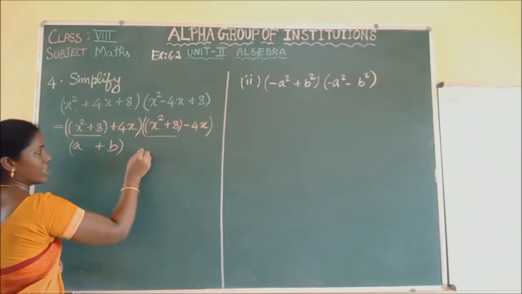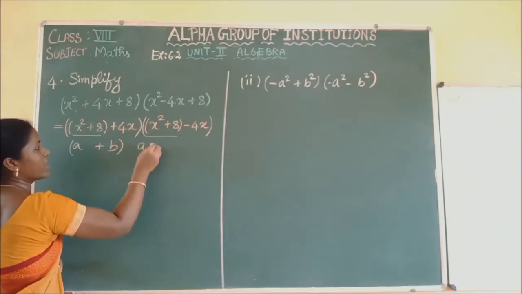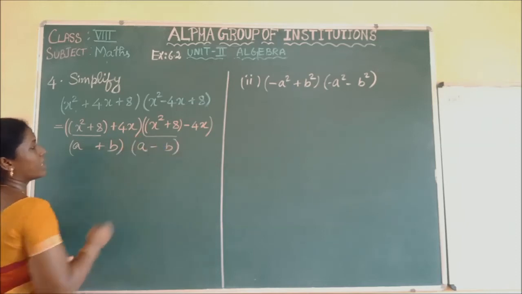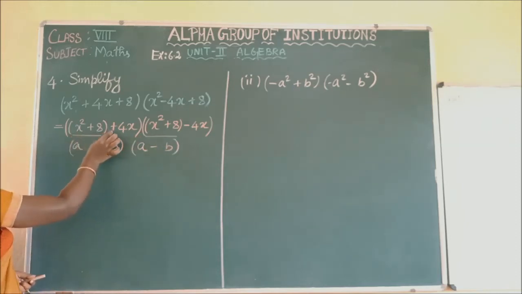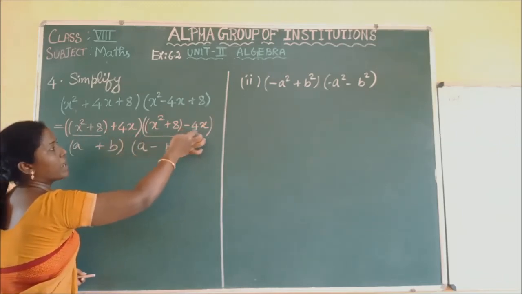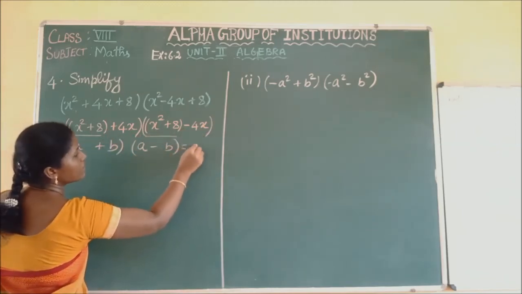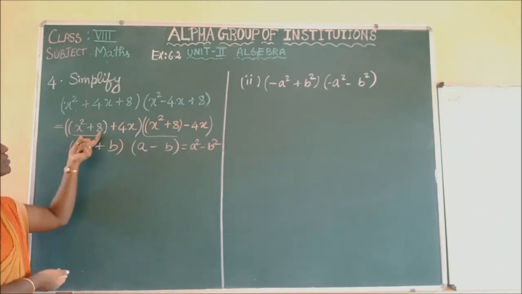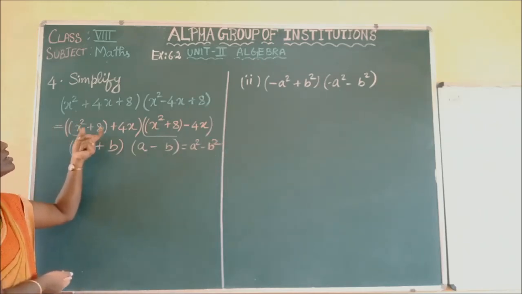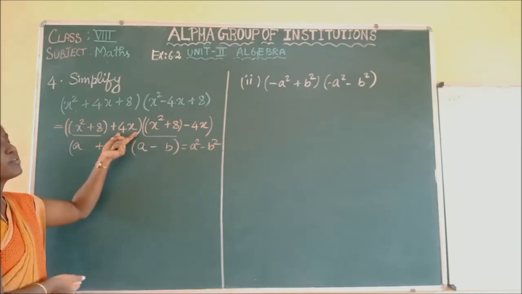Here again we are having a, the third term. So a minus b. See here, if I take this as one term, a plus b, this is a minus b. What is the expression of a plus b into a minus b? A square minus b square. In the place of a we are having x square plus 8, and in the place of b we are having 4x.